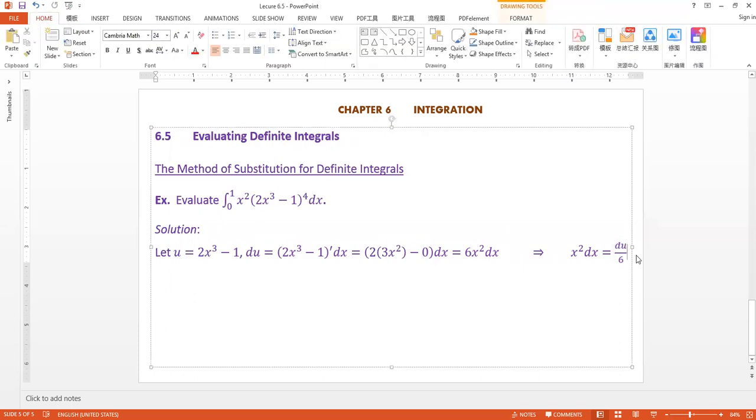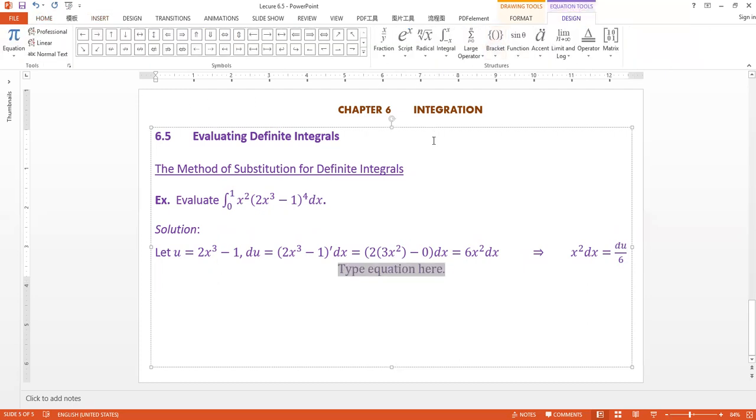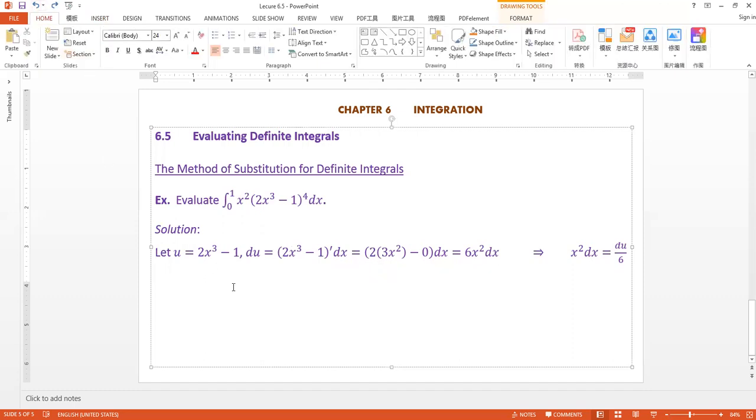That takes care of du. Now one thing we need to do is find the value of u for the lower and upper limits of integration for x. This is the extra step that we need to do before plugging in the numbers for definite integrals, and it's a step that is not included in indefinite integrals.